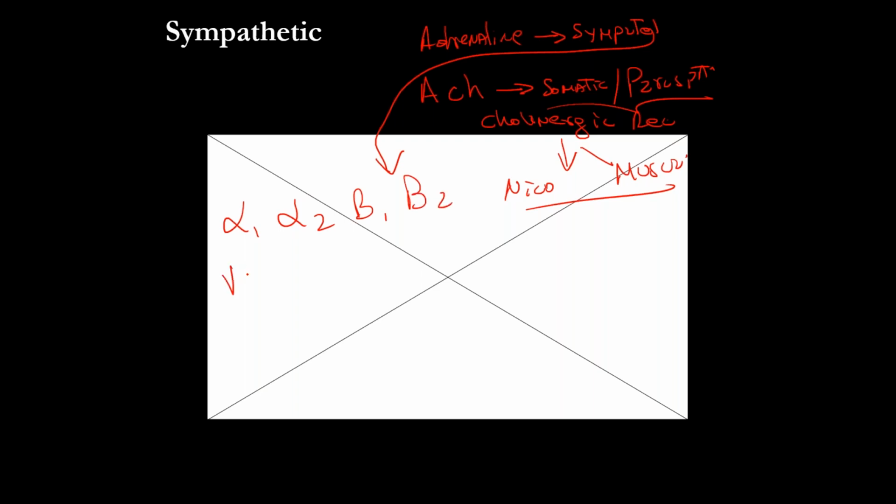Alpha 1 vasoconstriction, alpha 2 vasodilation. Beta 1 heart rate goes up, increases the contractility of the heart. And beta 2 is going to do the bronchodilation. This is very important when we talk about pharmacology.